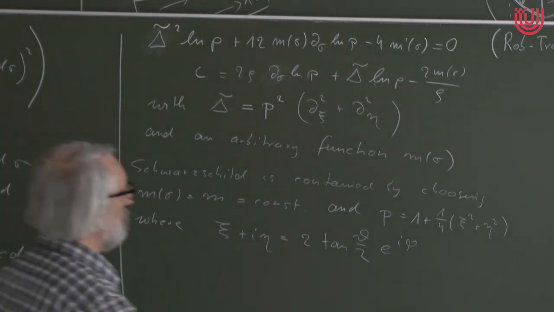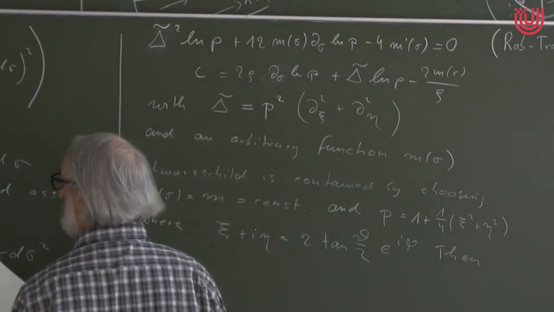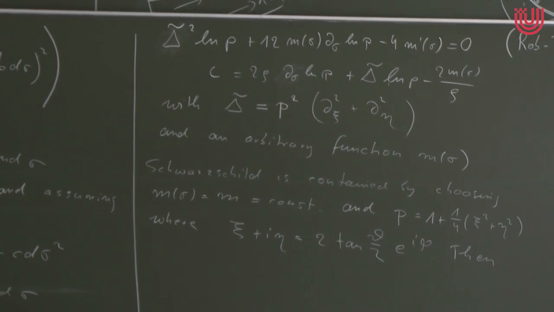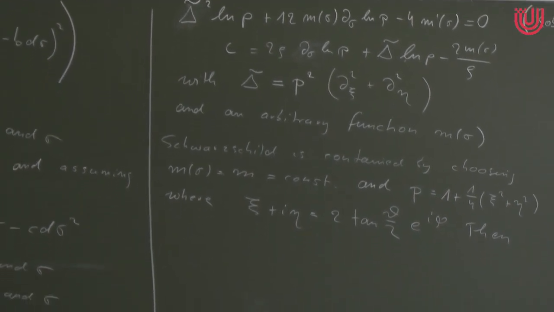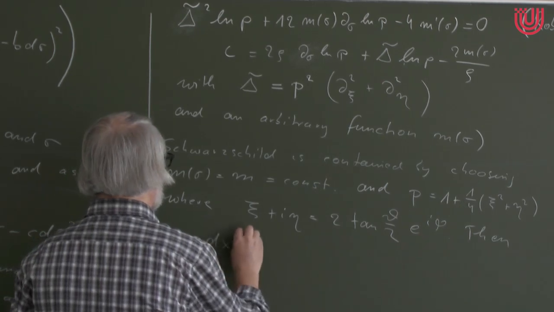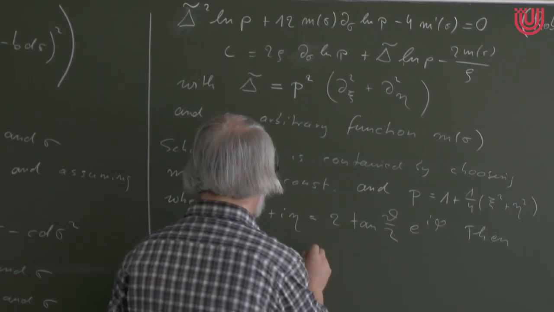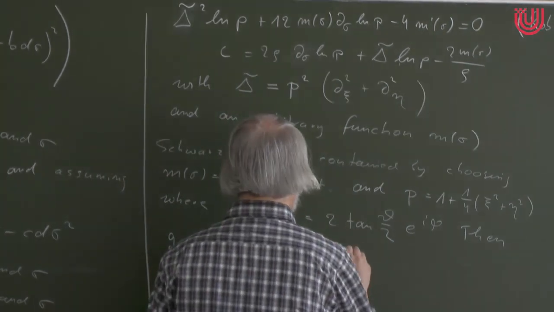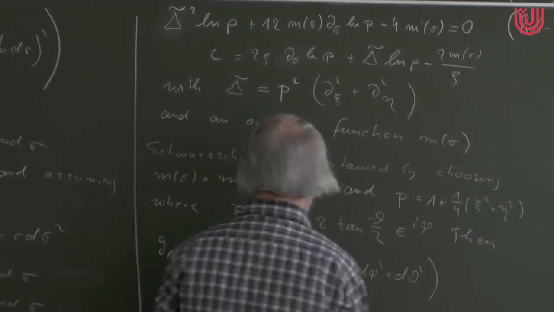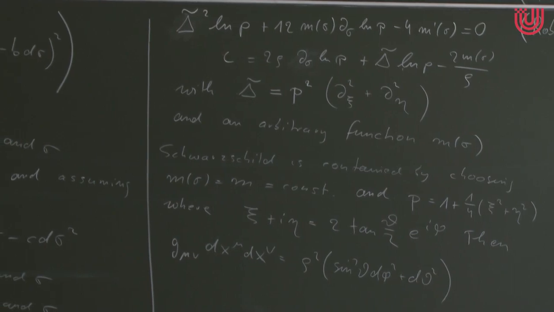So then the metric, this metric, with this particular P and with psi and eta expressed in terms of the angular coordinates, what you get is this. You get rho squared times sine squared theta d phi squared plus d theta squared. It comes from this term here.